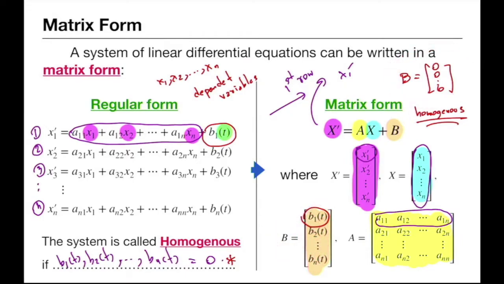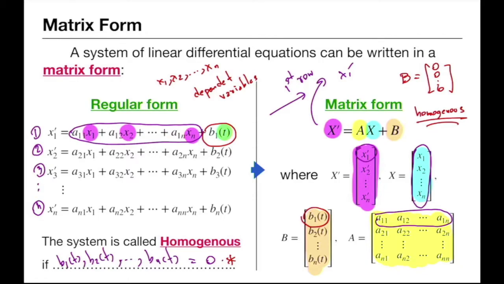In that case we call this equation homogeneous. But if at least one of these b's is not 0, the equation is non-homogeneous.